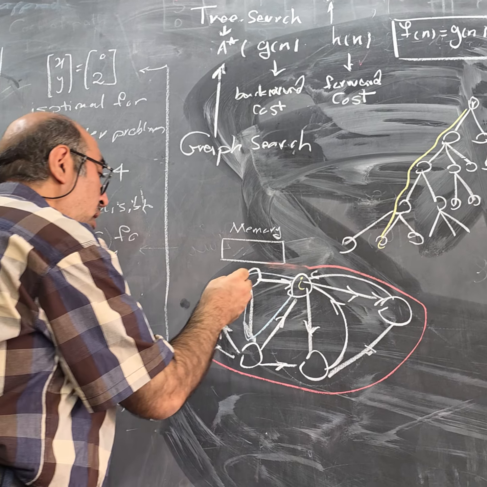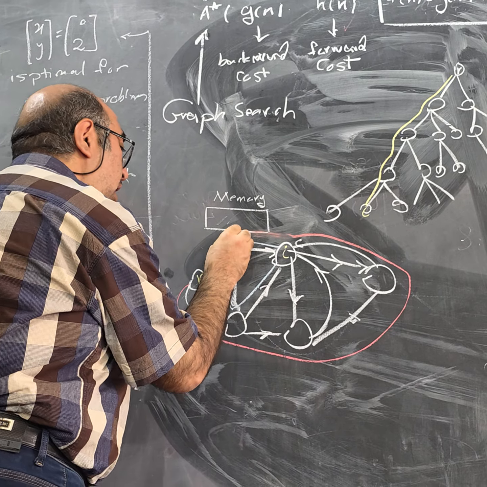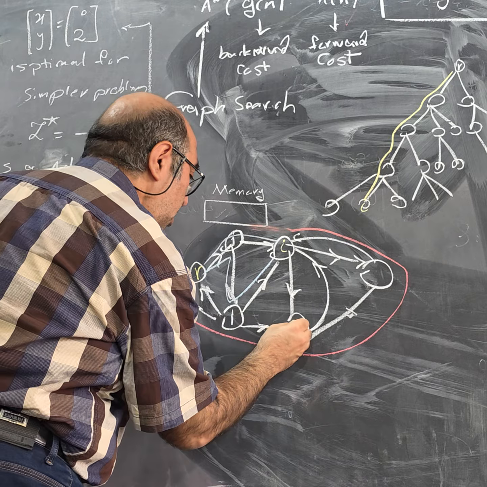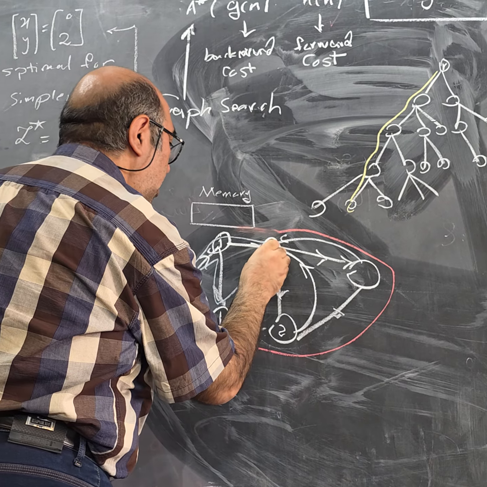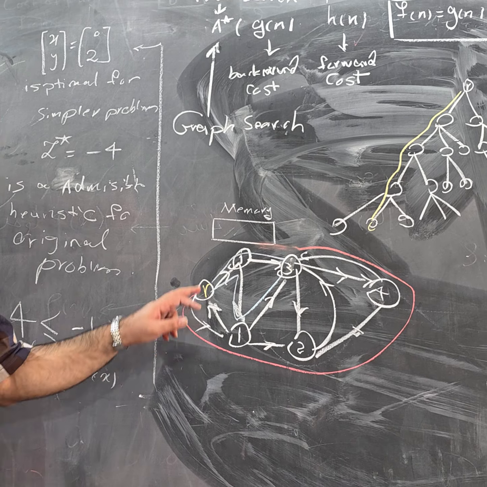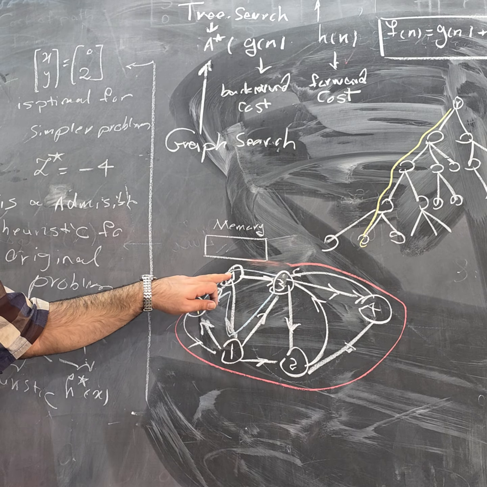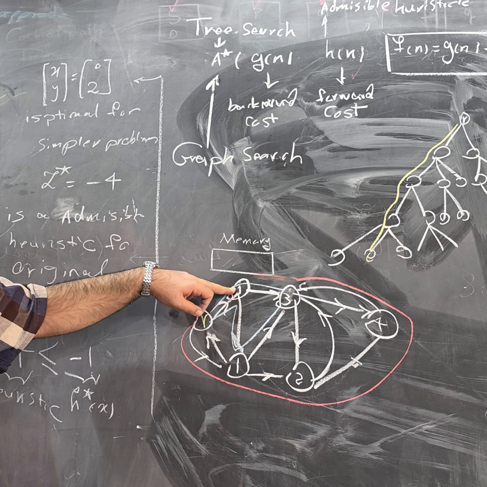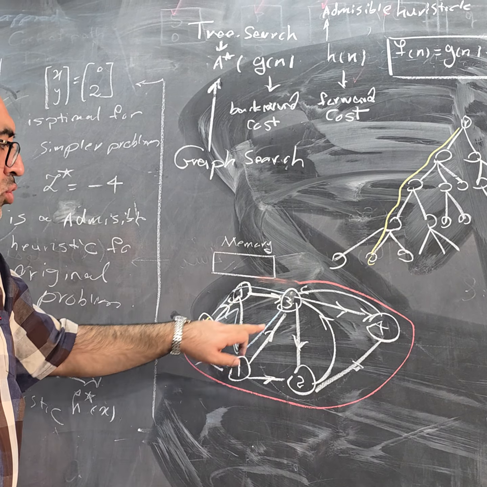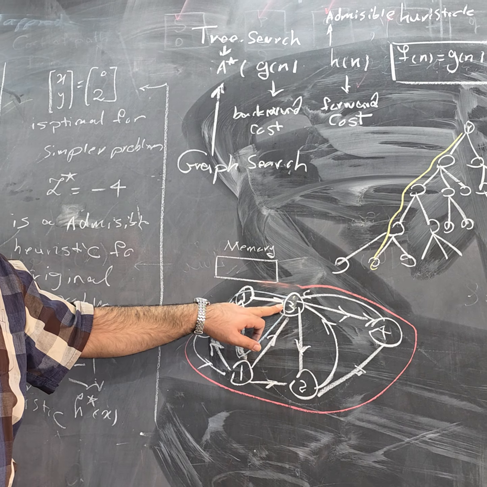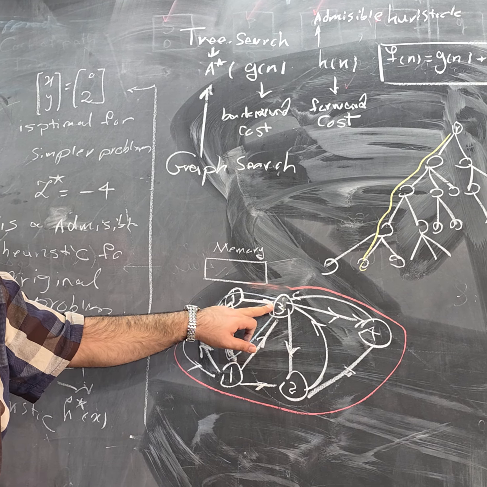For example, I am here in J. There are 2 neighbors, 1 or 3. One of them is chosen. For example, 3.